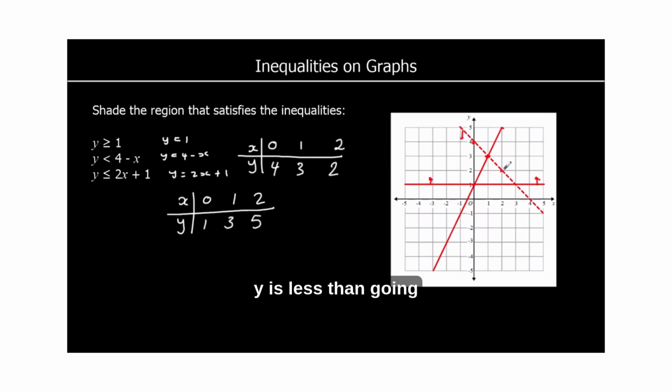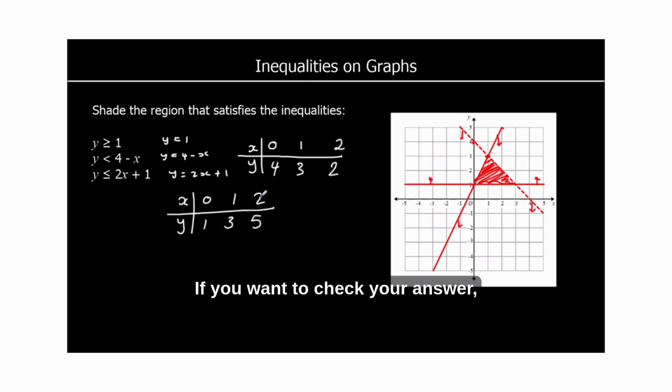And y is less than, again, or equal to 2x plus 1. So again, that is going down. Y is bigger going up and less going down. So what region are we shading? So below these two lines and above this line. So this is our region.